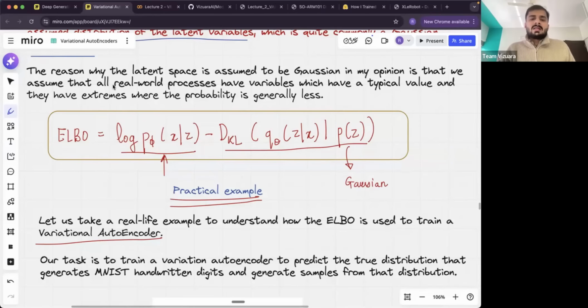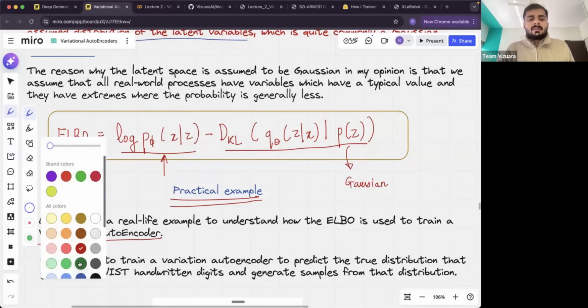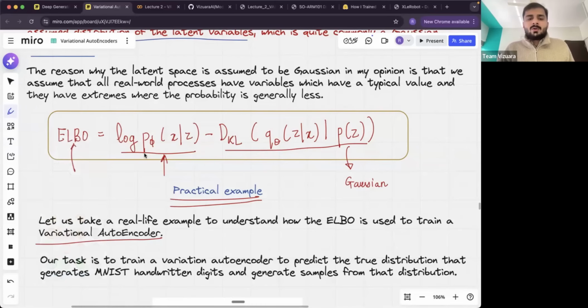Oh, so the minus sign is because the ELBO is something which you want to maximize, which means you want to maximize this term and minimize this term, because you need to minimize the KL divergence. If you had a plus sign, it would mean that you want to maximize the KL divergence, which you don't want to do. You want to minimize the KL divergence between these two distributions. That's why you have a minus sign.